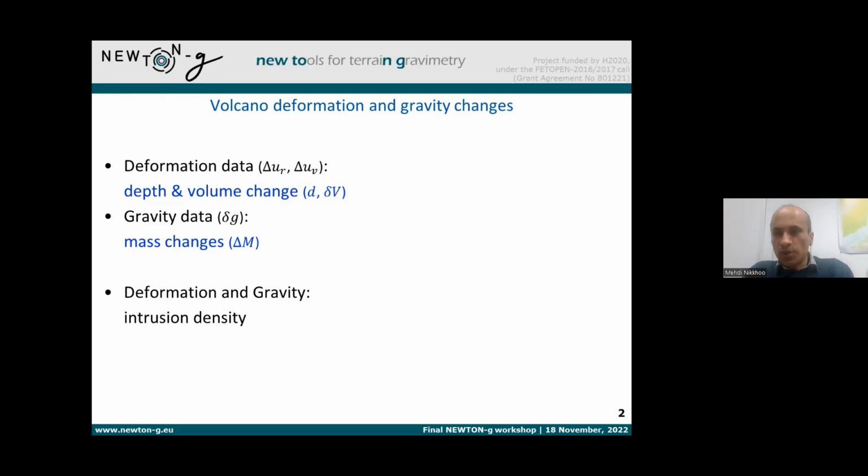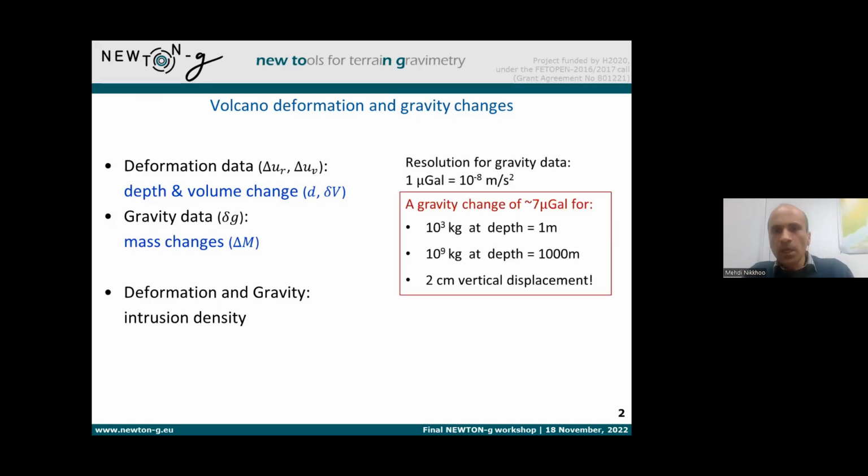We can distinguish between magma and water or other kinds of fluids that we have during the inflation period. So to put things in context, we consider a few examples.